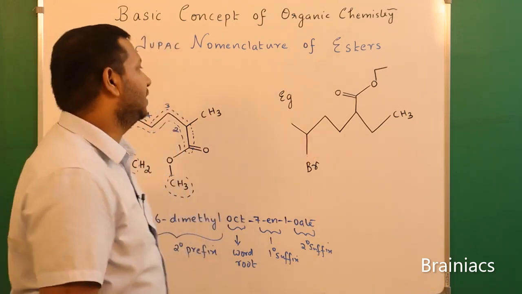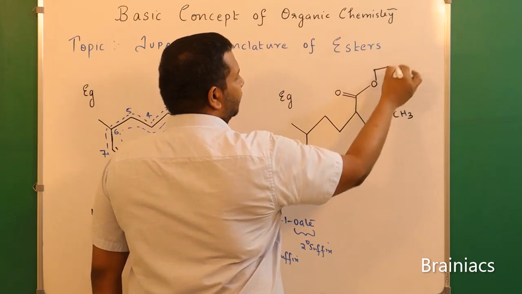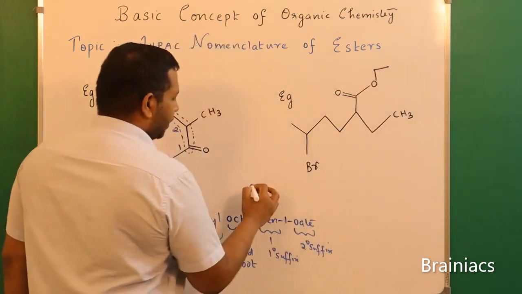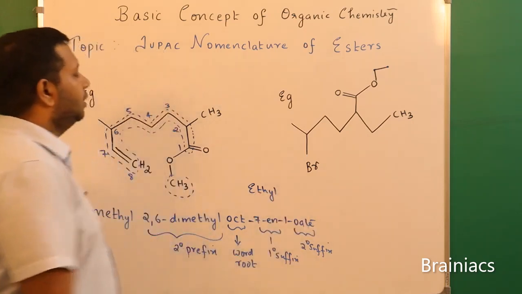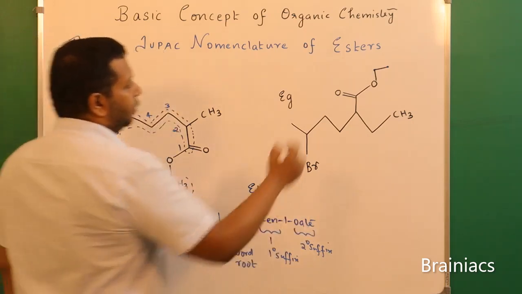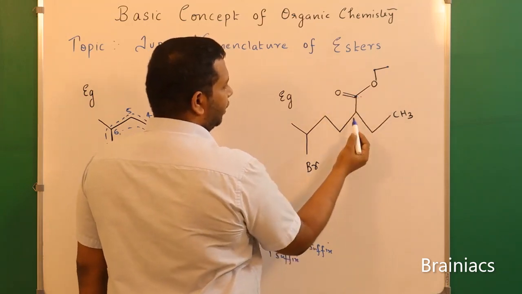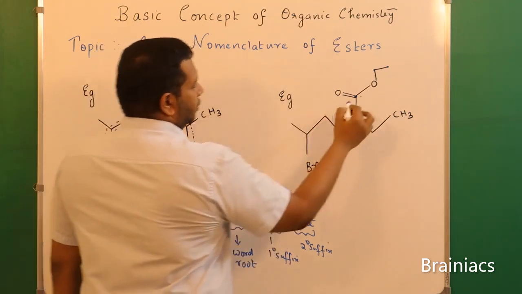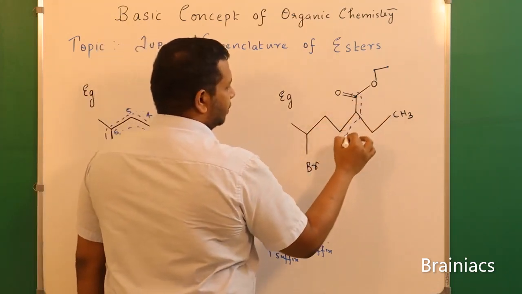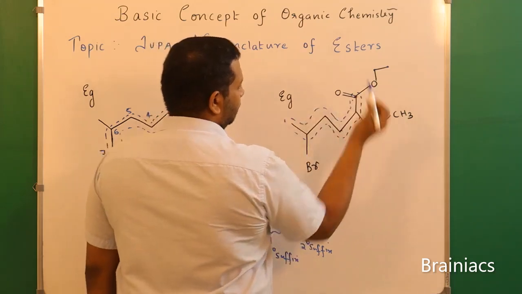A little bit interesting. Again, on the oxygen there is one carbon, there is another carbon, so it is an ethyl group. So I will start with the name ethyl. Then I know that from this carbon atom the parent chain will come. In which direction do I need to go? 1, 2, 3, 4, 5, 6. So I will go like this. This is my parent chain.